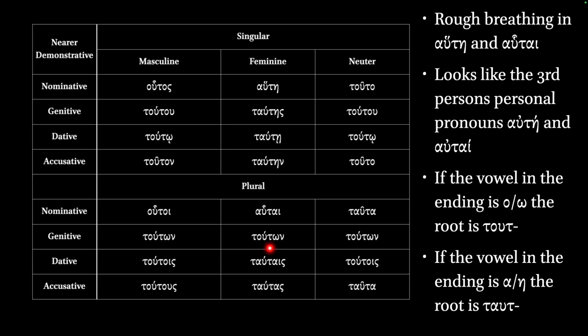So notice here, touton, we have the tout- here because we have an omega following this rule, though we have a taut- here because the next letter is an alpha. And then the other place where this comes into play is with respect to the neuter plural in the nominative and the accusative. You get the taut- instead of the tout- because the ending is the alpha there.